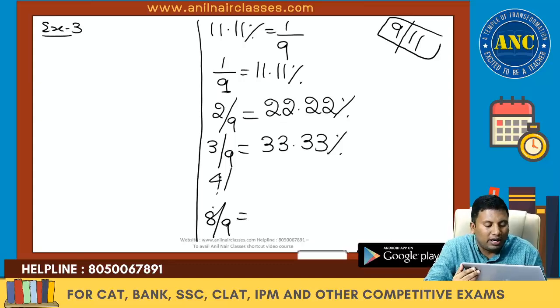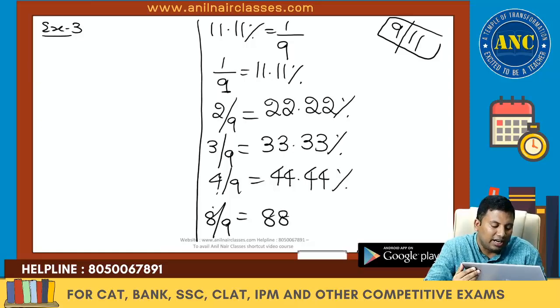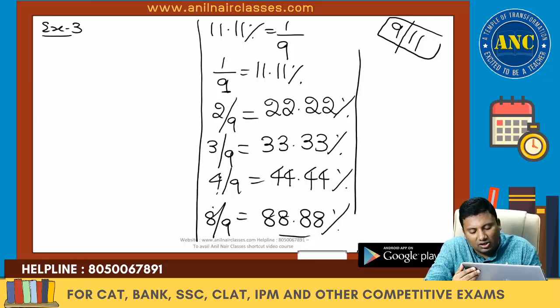33.33. 4 by 9, 4 11s are 44: 44.44. 8 11s are 88: 88.88. Reverse is also true.